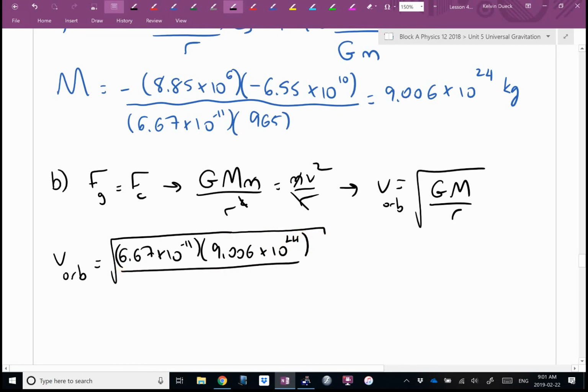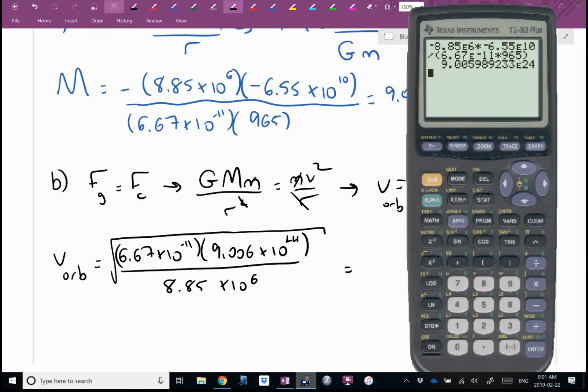And r was 8.85 times 10 to the 6th. So 6.67 times 10 to the negative 11 times answer button, divided by 8.85 times 10 to the 6th, square root of that.